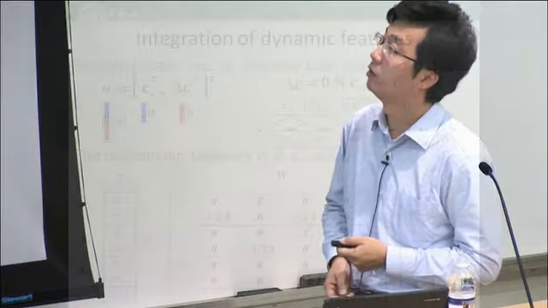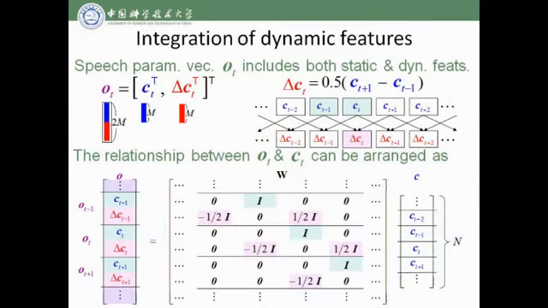They can be considered as a kind of linear combination of the static features at neighboring frames. Then we can put the static and dynamic features together, for example, in this way, to get the complete speech parameter vector o_t.